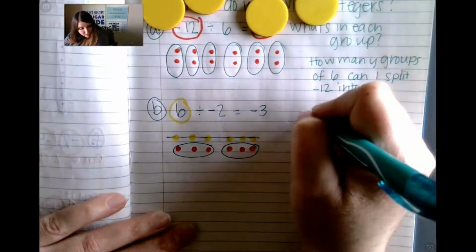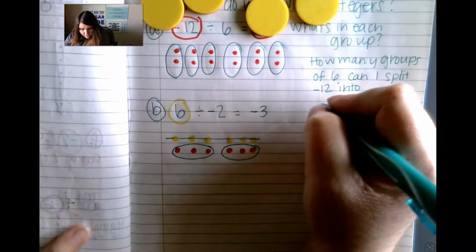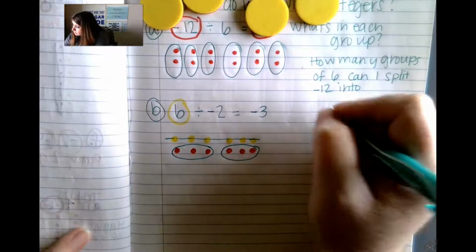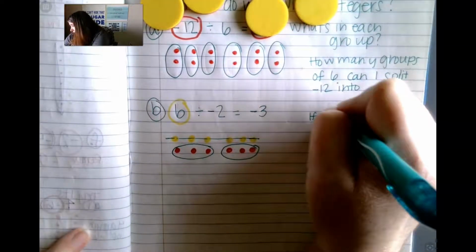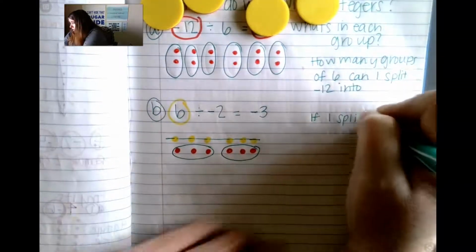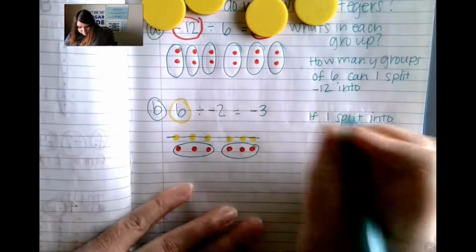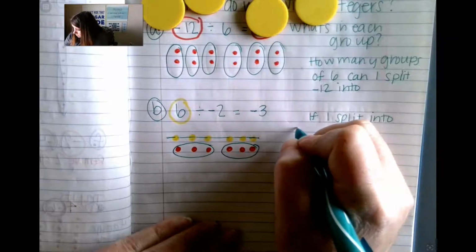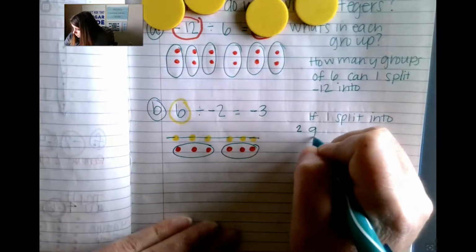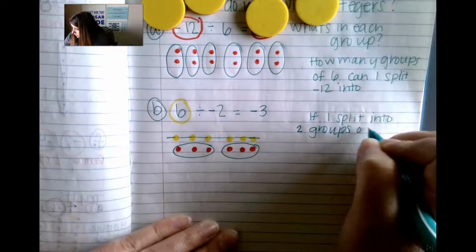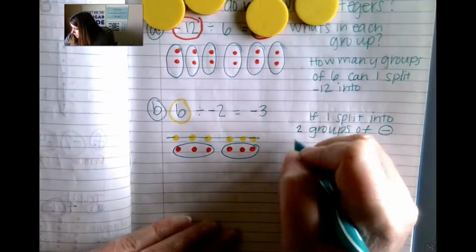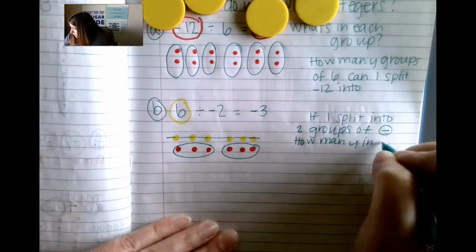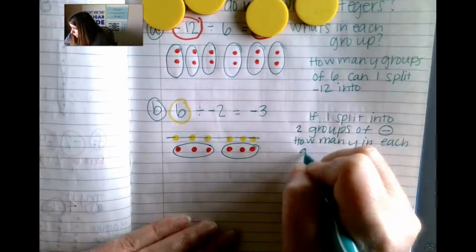So the question that you could ask yourself is, if I split into two groups of negatives, how many are in each group?